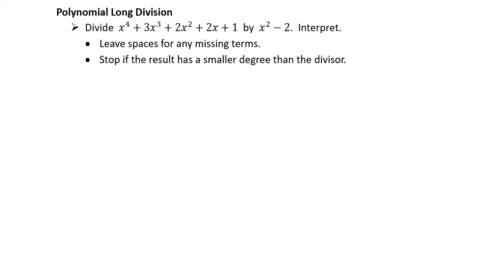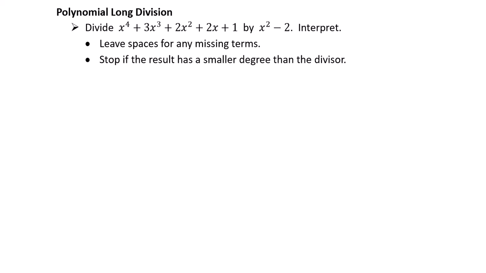Now, let's try some polynomial long division when we're dividing by something more than just a linear term. Divide x to the fourth plus 3x cubed plus 2x squared plus 2x plus 1 by x squared minus 2. And we'll interpret that.